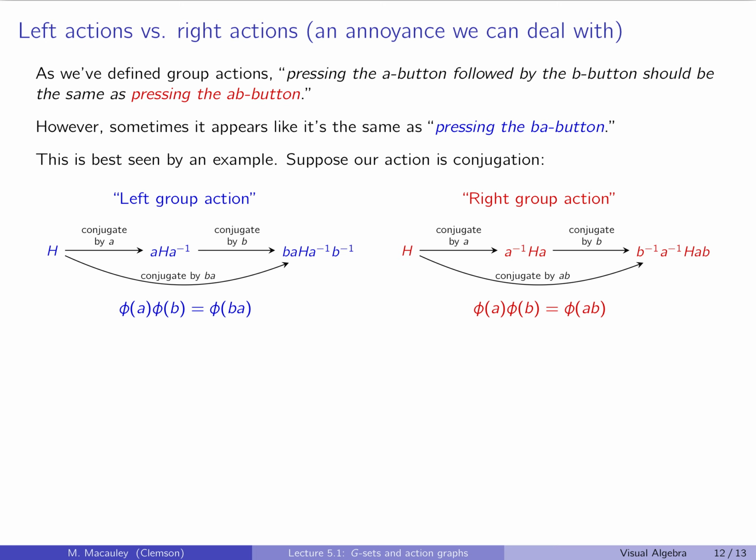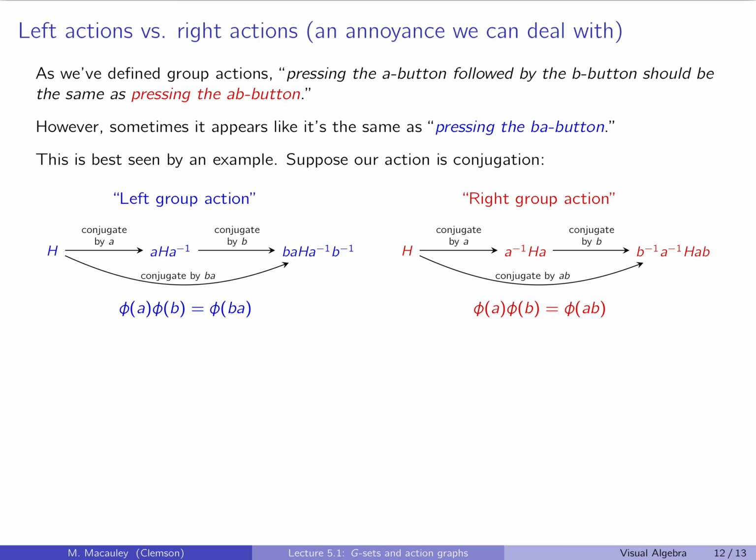Suppose our action is conjugation. So if we start with a subgroup H, we conjugate by A like this, A H A inverse, and then we conjugate by B, the result is not conjugating by AB, it's conjugating by BA. So it would seem like phi of A times phi of B equals phi of BA, which is not a homomorphism.